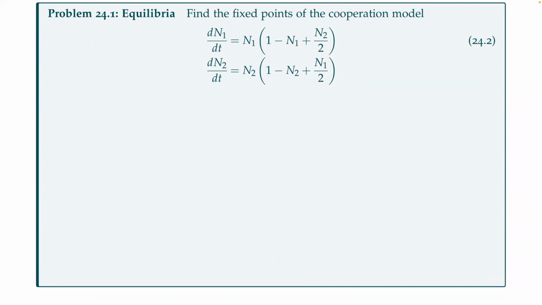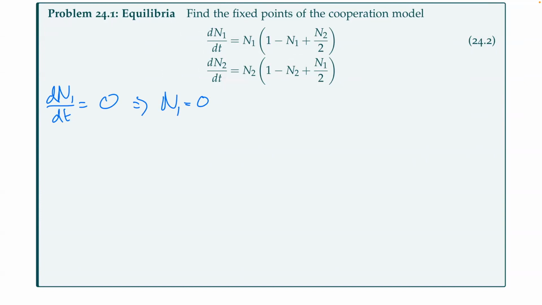Okay, so when we're trying to find fixed points, remember what we're doing is setting these equations equal to 0, and they have to both be equal to 0 in order for us to get a fixed point. Let's think about the first one. If we set dN1/dt equal to 0, that means that either we have N1 equal to 0, because we have these two terms multiplied together. To get 0, one or both of them have to equal 0.